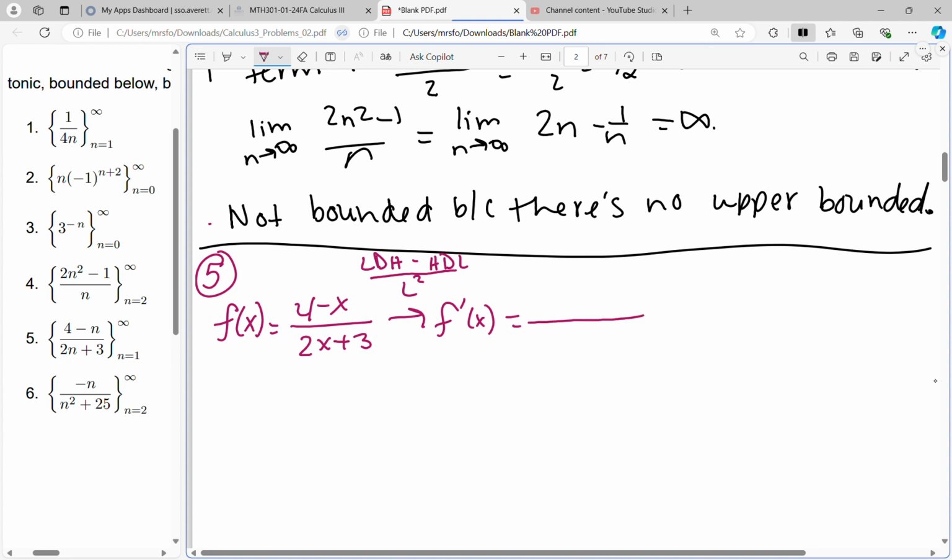So the denominator, 2x plus 3, is squared. And then the low, which is 2x plus 3, times the derivative of the high. The derivative of the numerator here is a negative 1. So that becomes negative 2x minus 3.